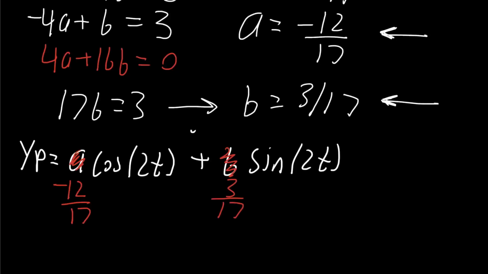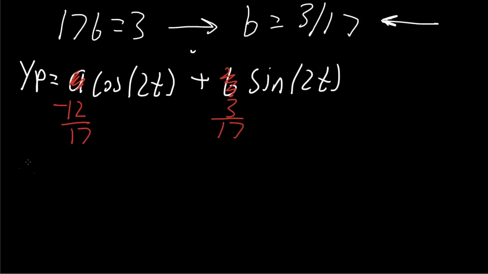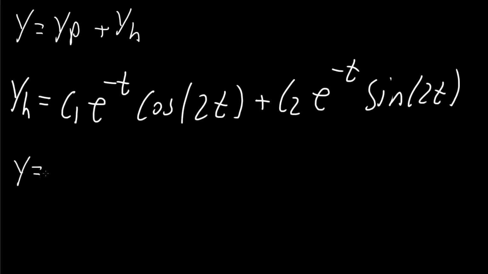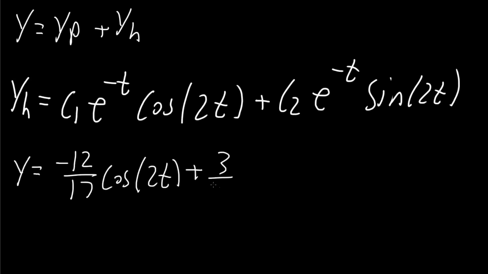And now we combine with our yh. Our final answer will be y is equal to yp plus yh. This is yp, and our original solution was yh. Let me pull it up. So yh was this, and we will say that y is equal to, first, yp, which is negative 12 over 17 cosine 2t plus 3 over 17 sine 2t, plus our yh.